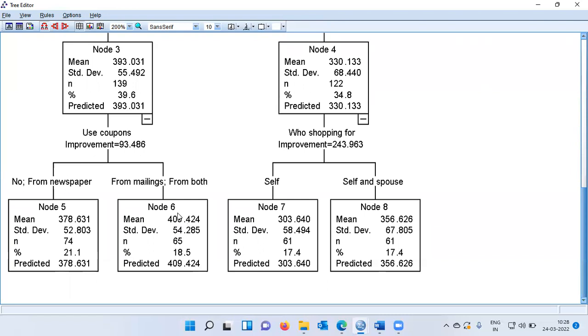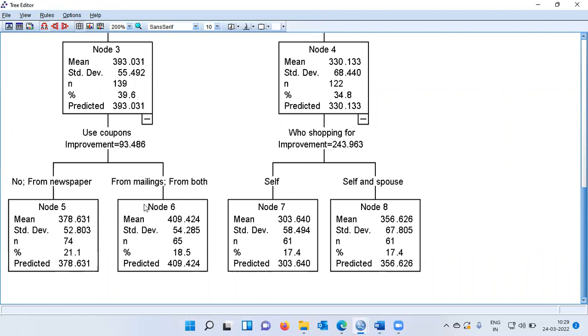And therefore, node 6 is also very, very important because this represents the profile of those customers who are big spenders. When I look at some of the other nodes like node 7 and node 8, look at the predicted value here. It is 303 and 356 respectively. Again, it represents customers who are small spenders.